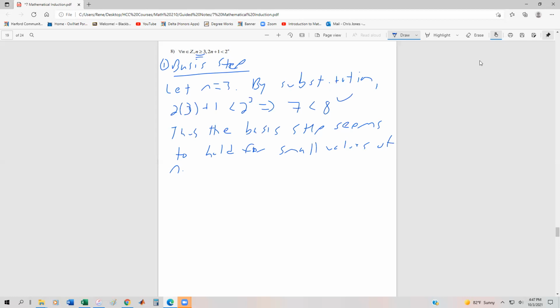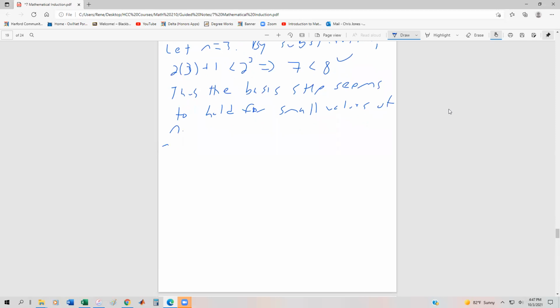Now this is where we're going to use the inductive step, and we're going to assume that it holds for n equal to k. So assume the inequality is valid for n equals k, where k is an integer.